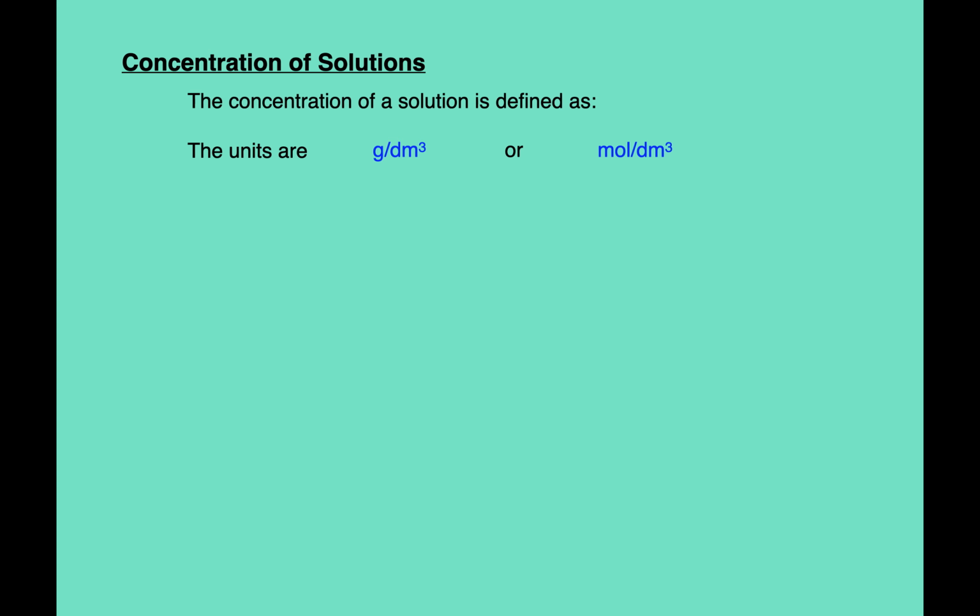The one we're going to use the most, because we like the mole, is moles per decimeter cubed. Now you know that the slash means per, so that's the number of moles in 1 decimeter cubed. Mathematically, you can write that a different way. You can write mol dm to the minus 3, and it means exactly the same thing. It means moles per decimeter cubed.